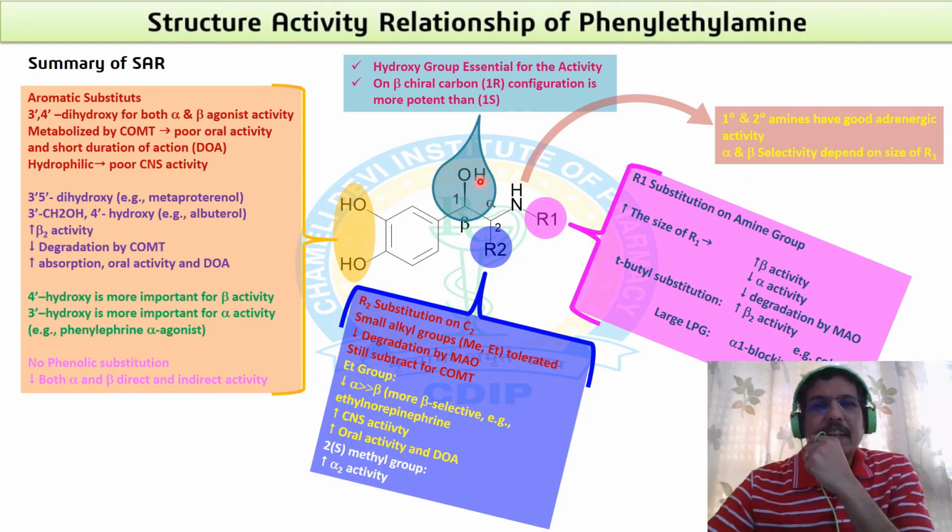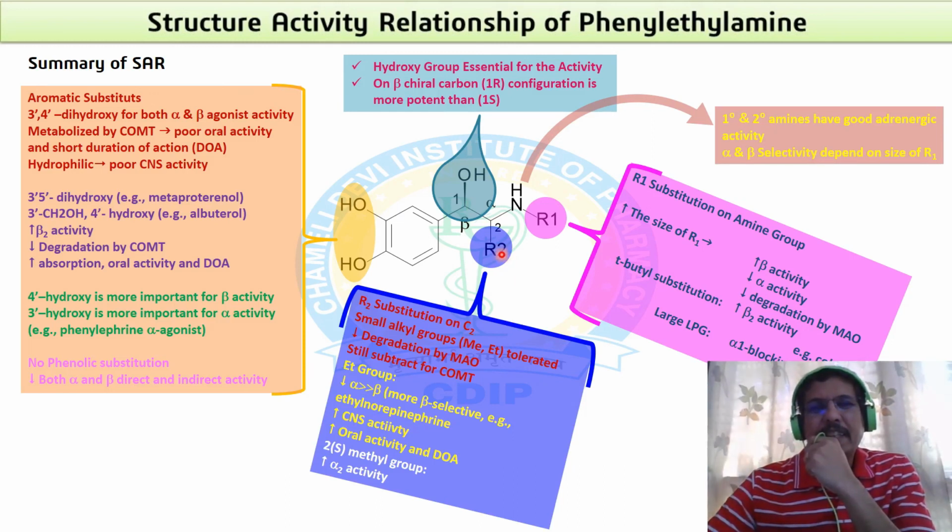Another is the change on the beta position, where this hydroxy group can be removed. In that case the activity decreases or subsides, and there is also a chirality, so we look at that too. It must be the R configuration for optimum activity, although S shows activity, it is much less active.